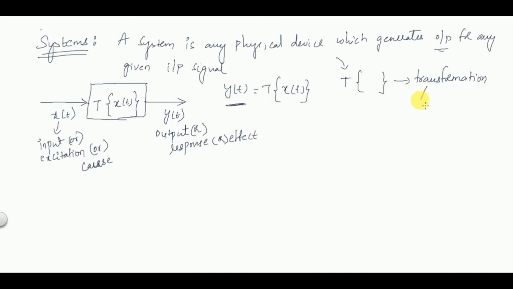So this transformation may be amplification, for example, in the case of an amplifier, or attenuation in the case of an attenuator. Okay, so some transformation we are making on the input signal so that we'll get the corresponding transformed output signal. Okay, so this is about system.